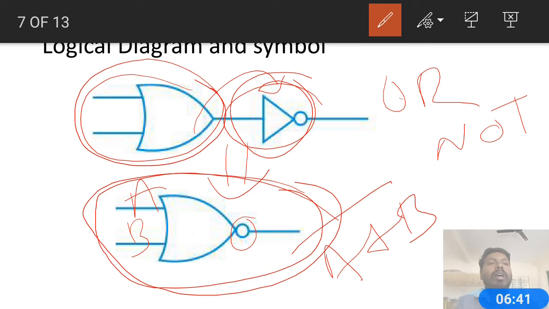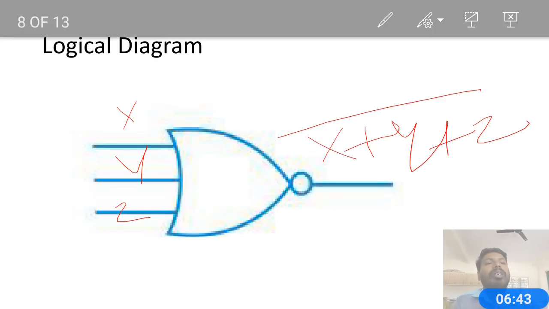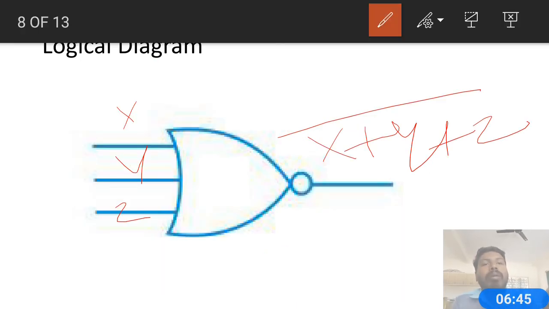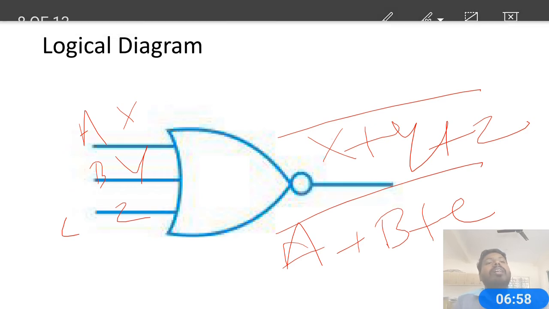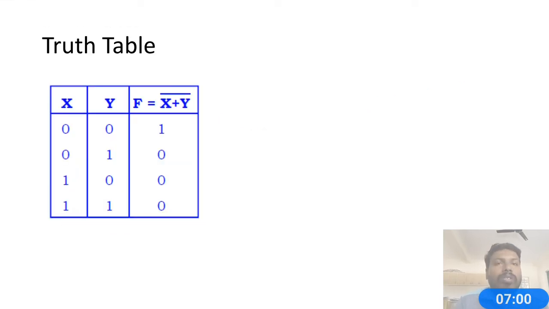Assume that I am giving inputs a, b, c; then what will be the output? (a plus b plus c) the whole complement. Understand? Right. We will see the truth table, then you will understand.